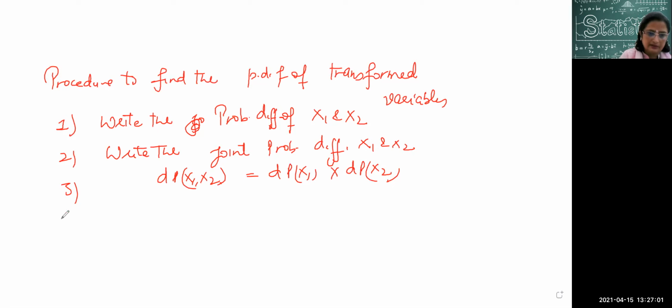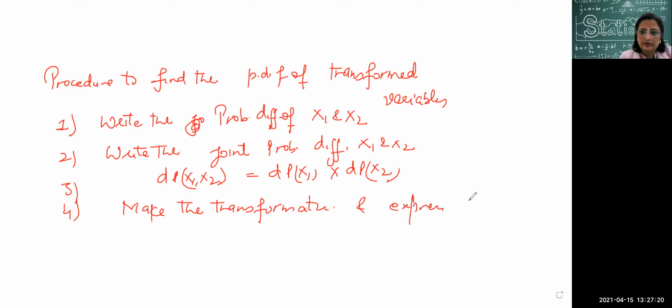Right? Now the step number 4. What is the step number 4? Then we will make the transformation, and express x1 and x2 in terms of u and v.